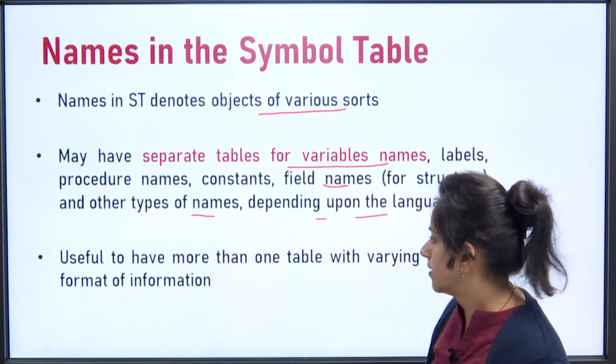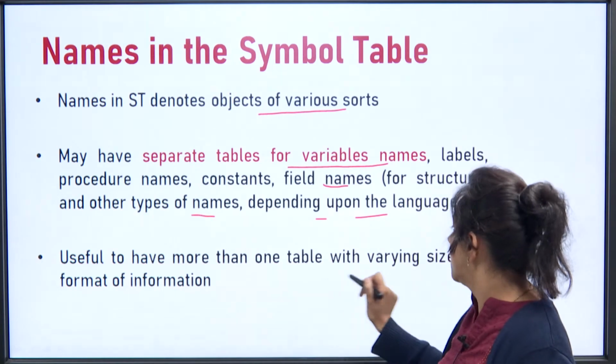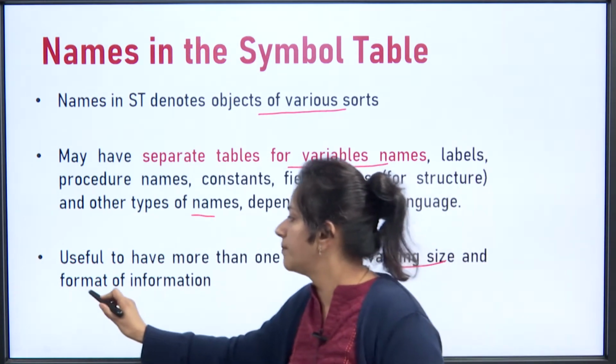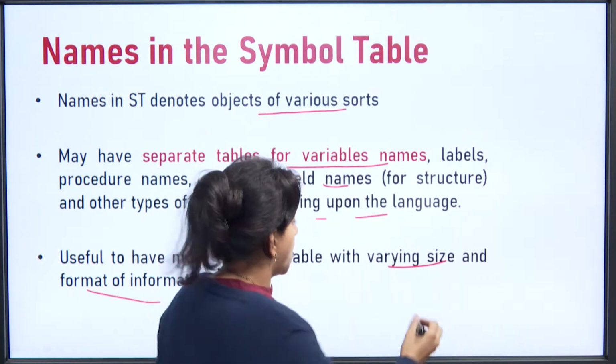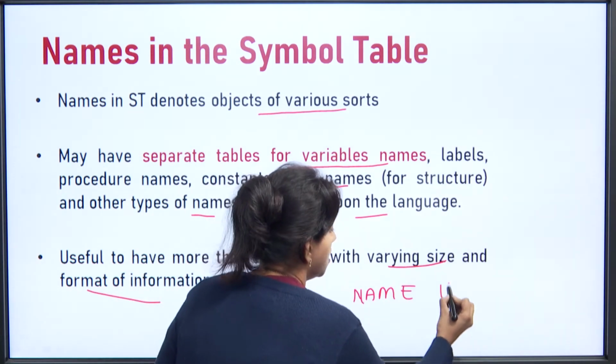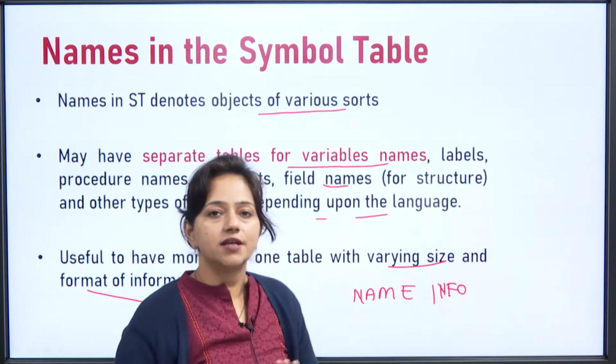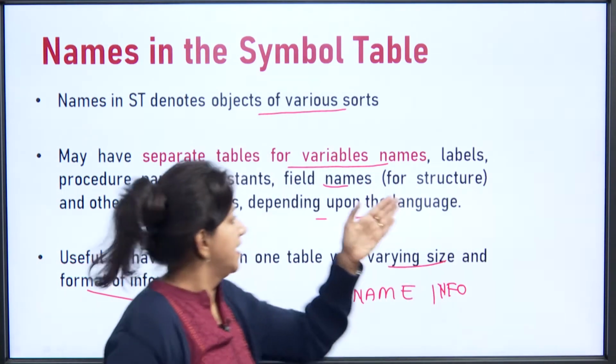What is the reason for this actually? Because it is useful to have more than one table with varying size and format of information. If we are talking about a particular name and its associated information, the size or format of information varies across categories.